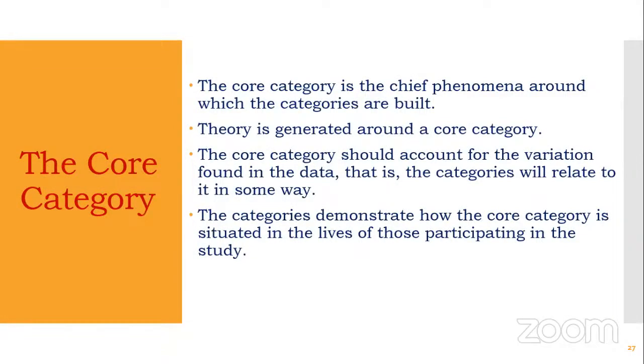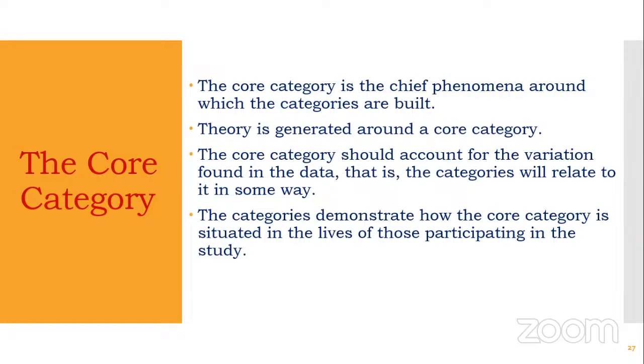What is this core category? Core category is the chief phenomenon around which the categories are built. So in the grounded theory approach, once selective coding is done, the core category is identified. What is the core category in a particular theory?